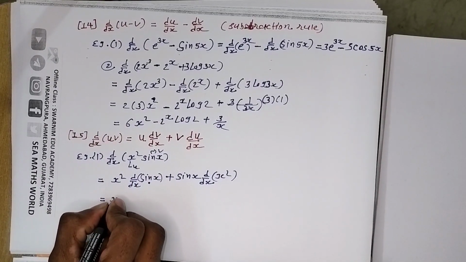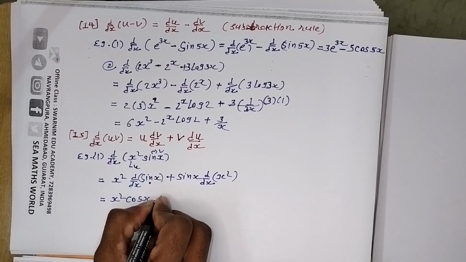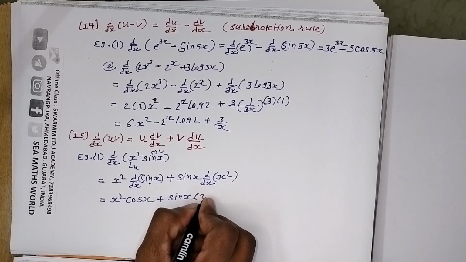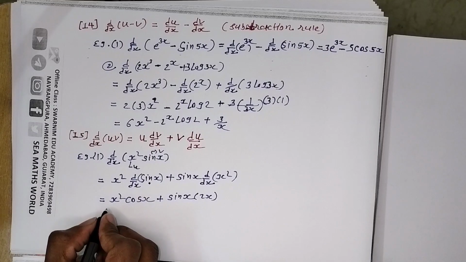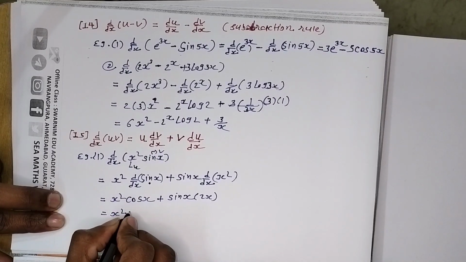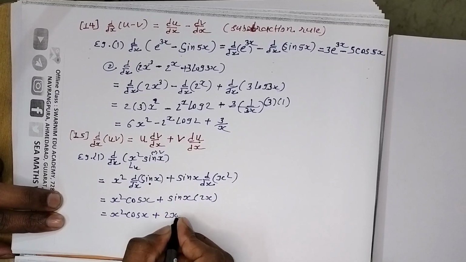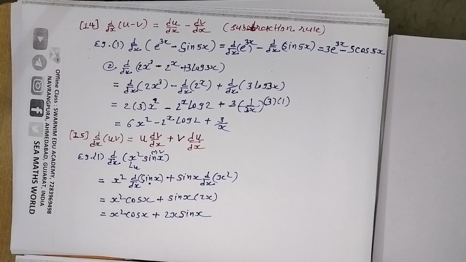So x square sin x differentiation is x square cos x plus sin x, x square differentiation is 2x. So finally, we can write x square cos x plus 2x sin x. Okay. Now we are taking one more example about it.